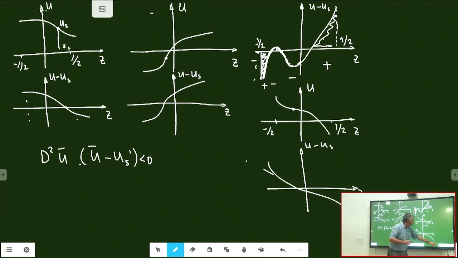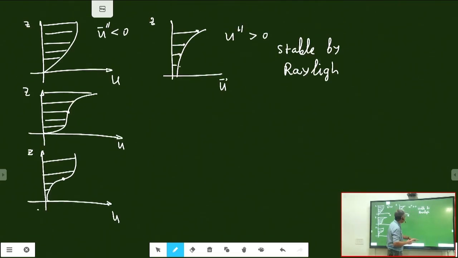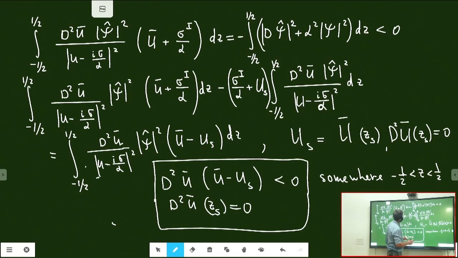So now let's go back to the derivation. The derivation requires something to be negative. But that something is not the quantity, not the function, not the value of the function, but rather the integral itself has to be negative.